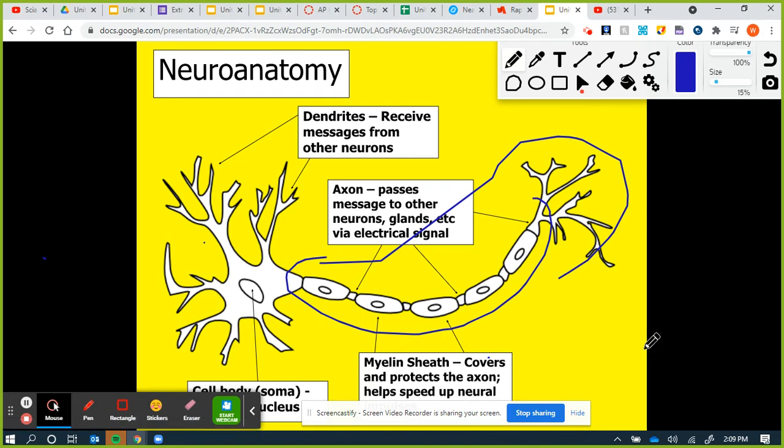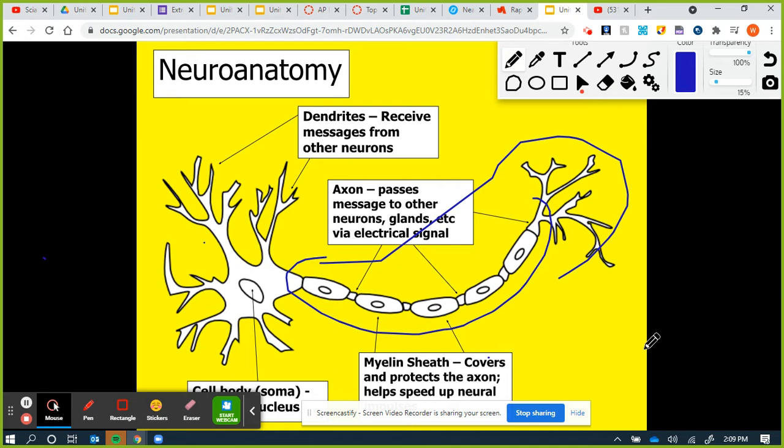Covering the axon is a layer of protective fatty tissue called the myelin sheath. Not all neurons have these, but for the purpose of this class, they do. The purpose of the myelin sheath is to protect the axon, just like the plastic covering on an iPhone charger, and speed up the electrical signal that travels down the axon.